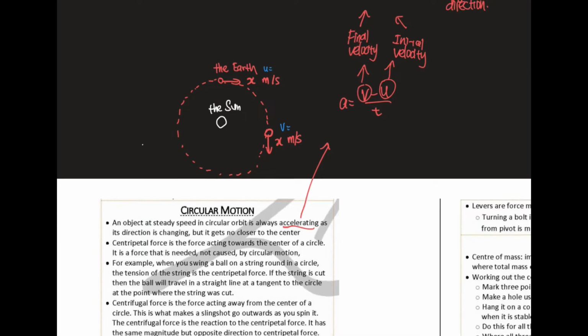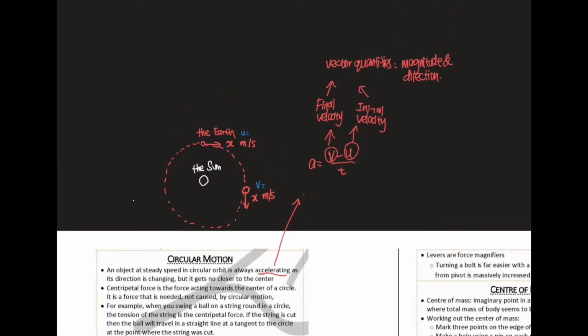Because of that, the v and the u, which are vector quantities, have the same magnitude but different directions. So when this minus this, you won't get 0, because direction is affecting that. How it affects is the problem of vectors, and we are not going to care about vectors now.